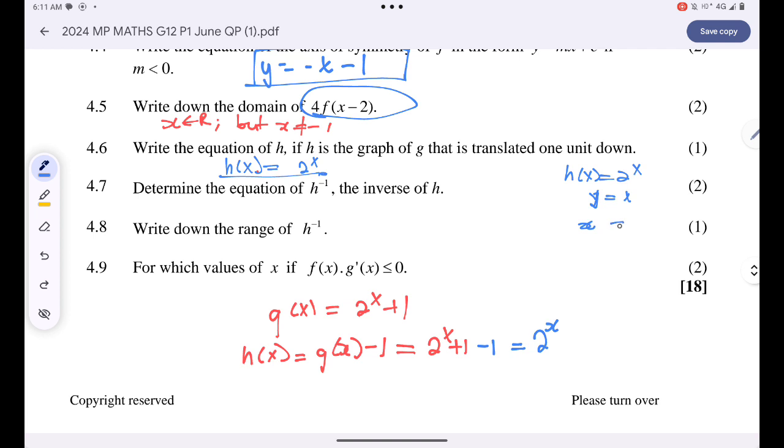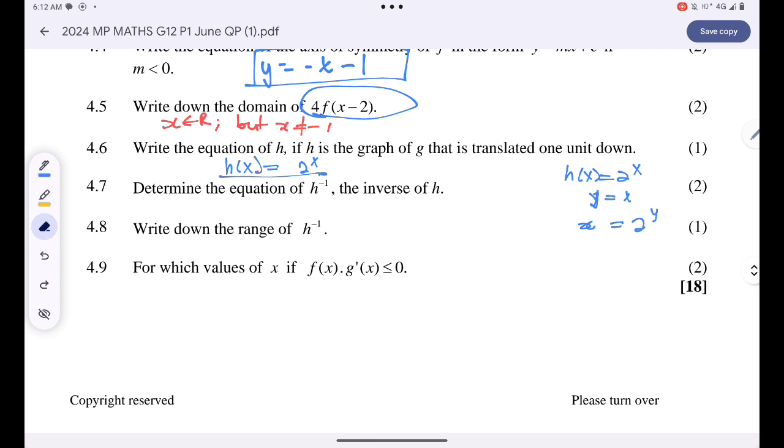I'll simply have x on the left hand side and 2 to the power y. If I have this scenario over here, guys, yes, I can introduce logs on both sides. Okay, let me just do it step by step, even though it's 1 mark, so that you will know where it comes from. You'll introduce logs on both sides, log base 2, and then there's log again.